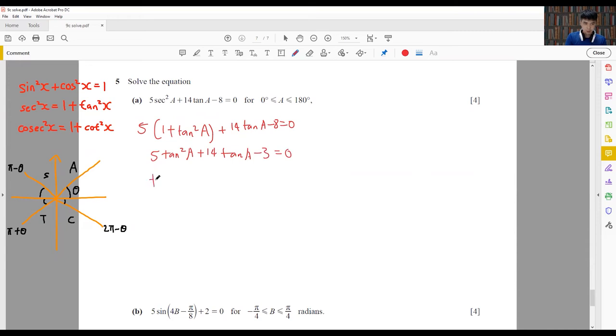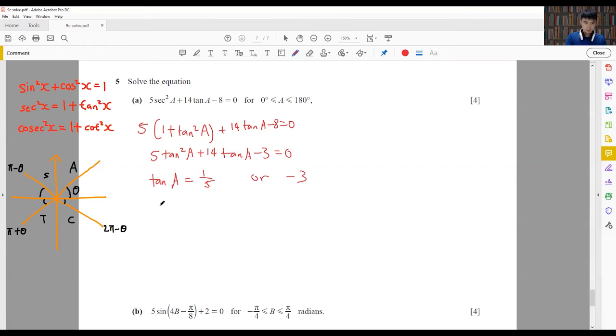Type this into your calculator. Tan a is equal to 1 over 5 or negative 3.